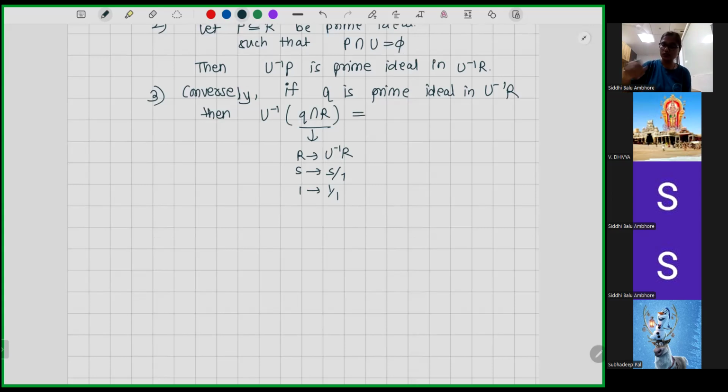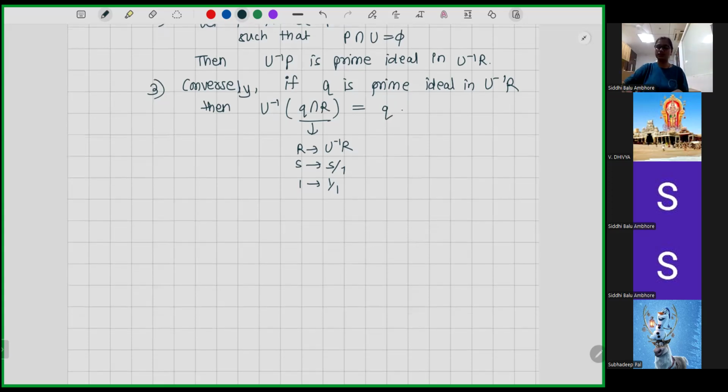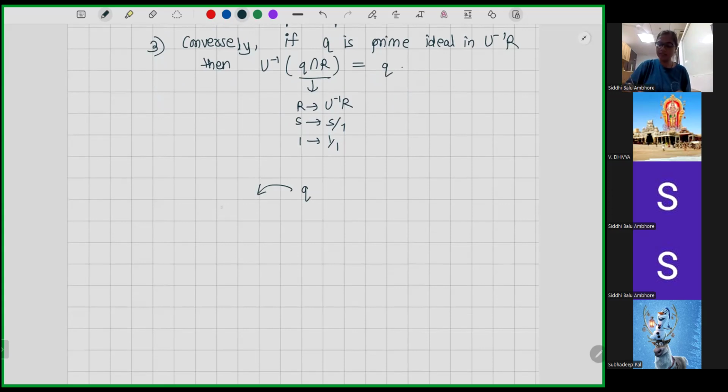And they say that it is exactly equal to, I can say P, where Q is a prime ideal, then U inverse of it is Q. So it is like I have some U intersection Q is an ideal in R, and when I take U inverse of that, so I was here at Q, then I came back here, say some P, and when I again go here, then this U inverse P, these two are actually equal.